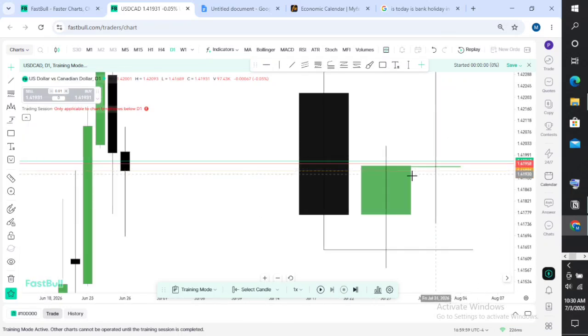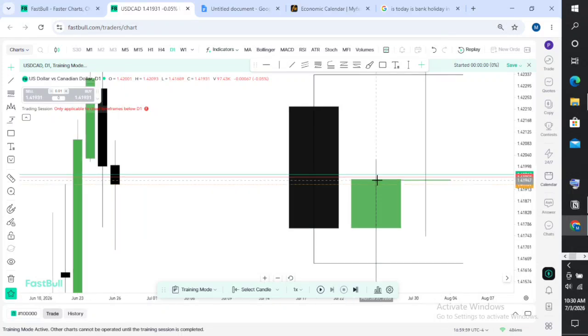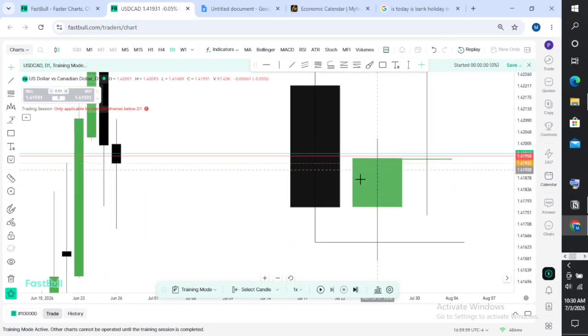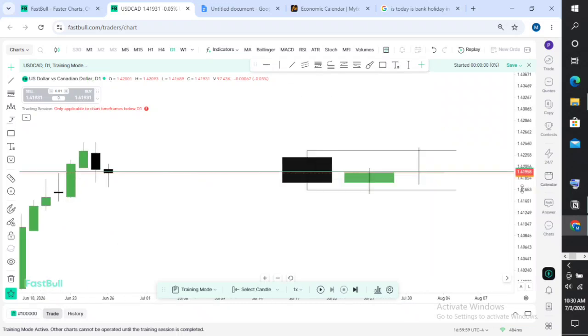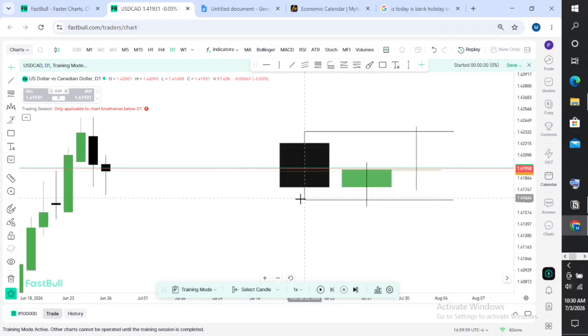So you can see I have the first candle here and the second candle. We just want to see the second candle take out the low. You just need to mark out the highs and the lows of the first candle. And you want to see the second candle take out the low of the first candle and close within.